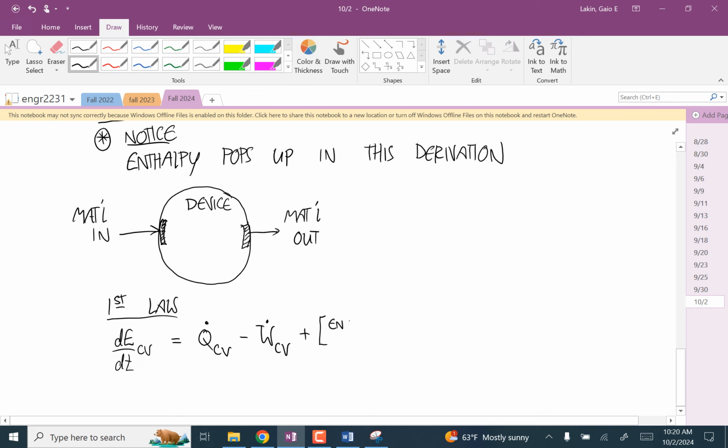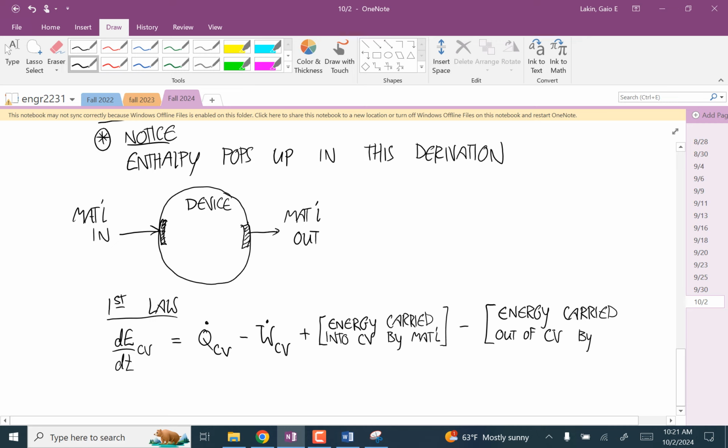Plus the energy carried into the control volume by material, minus the energy carried out of the control volume by material.